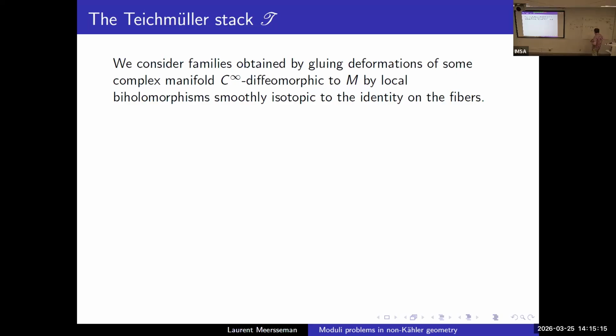Another way of saying that is that when you look at deformation of a family like that, if you think of that in the infinity categories, it's just a bundle. You have some variation in the complex structure of the fiber, but of course, in the infinity setting, you don't see this.